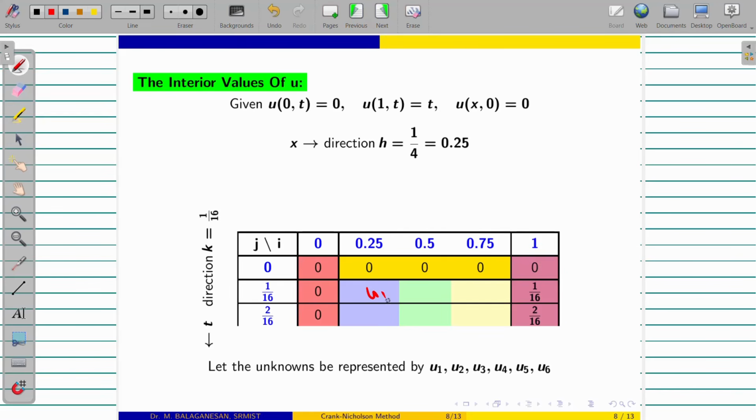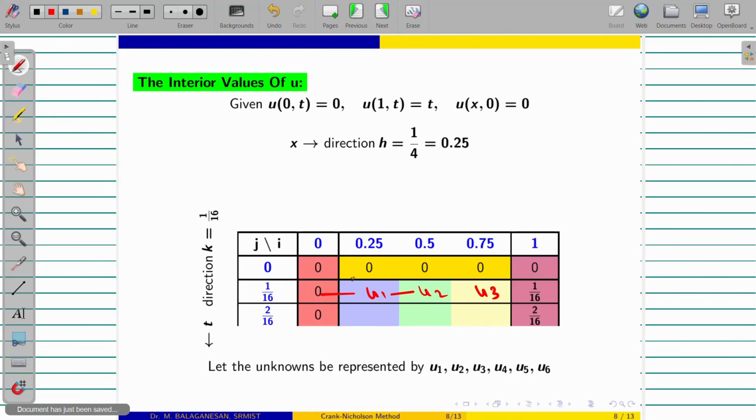So how can I find this one? Let us consider these values u1, u2, u3. After that is completed, we can find u4, u5, u6. These are all the interior points we have to find now. Okay, fine. Now I have to find u1. How can I find it?